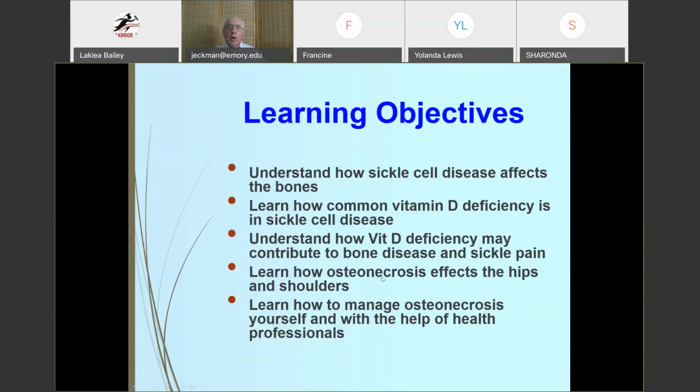And then finally, we are going to talk about AVN as it affects the hips and shoulders, and then spend some time talking about how this should be managed by yourself and with the help of health professionals. So this is going to really stress what you can do to keep your bones and skeleton healthy.